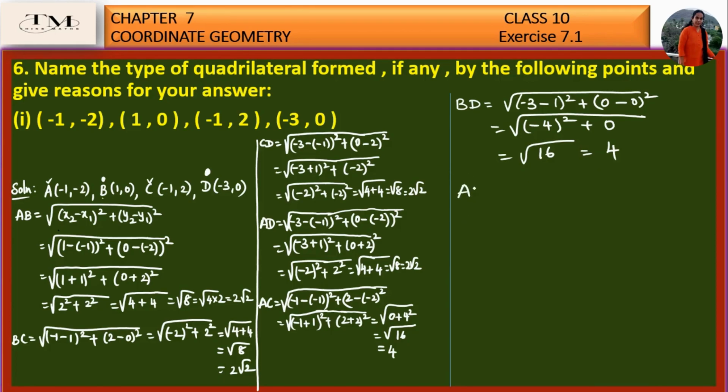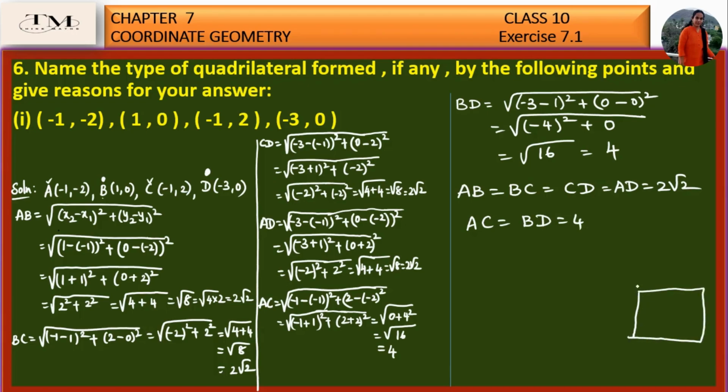So far we got AB is equal to BC is equal to CD is equal to AD is equal to 2 root 2. Next, AC equal to BD equal to 4. Okay, so if we take a square ABCD, we got AB, BC, CD, AD are equal.